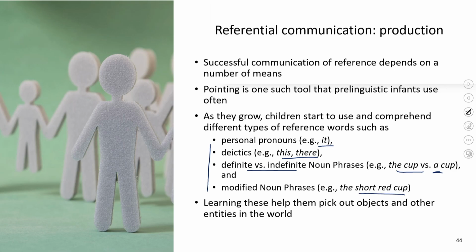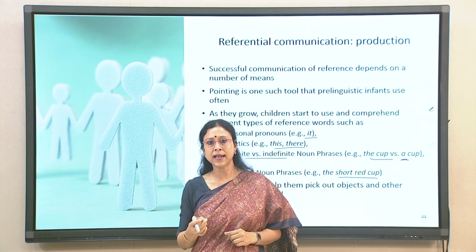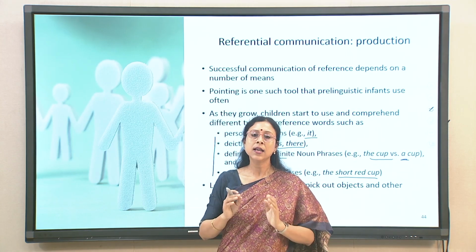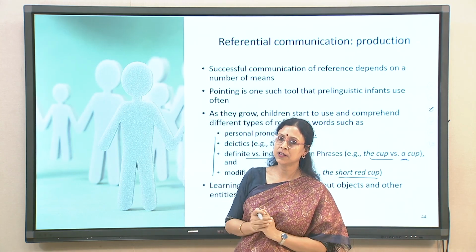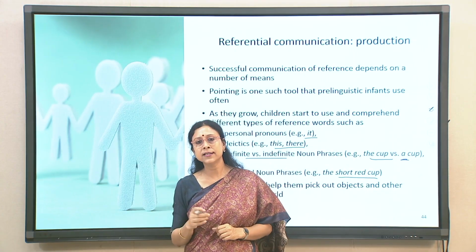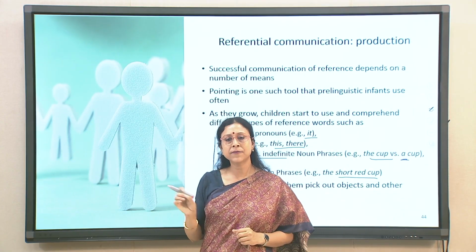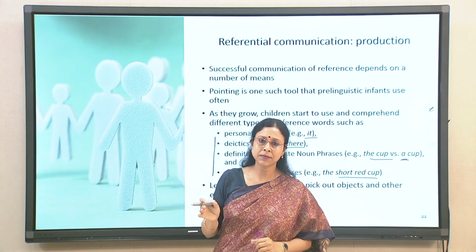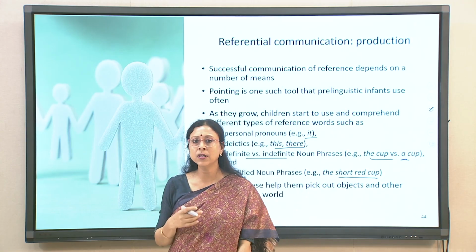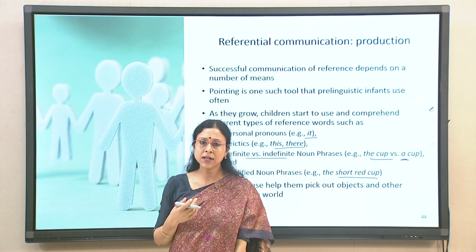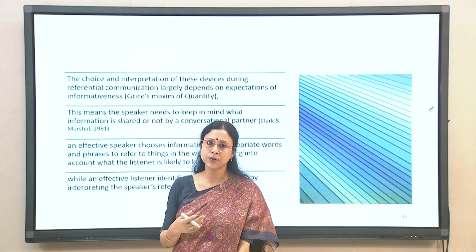So, learning these linguistic items, these linguistic markers, will help them pick out the objects and other entities in the world. So, in the initial stages of learning, once they get to know that the cup is different from a cup, this will help them locate the object in the real world in a much better way. Similarly, when they start speaking, they will do the same.